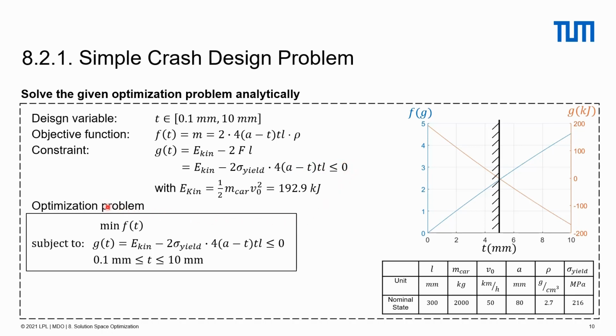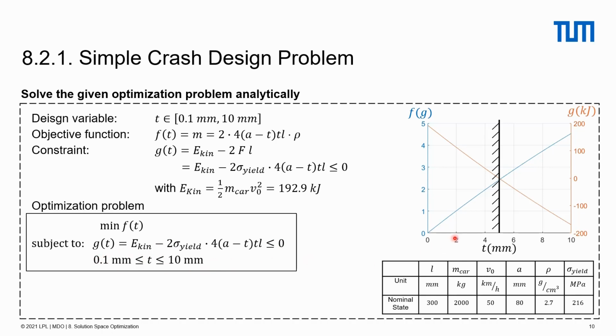And then we have our optimization problem formulated as minimize F of T subject to G of T equals E kin minus the expression, less than or equal to 0, with T in its design space.